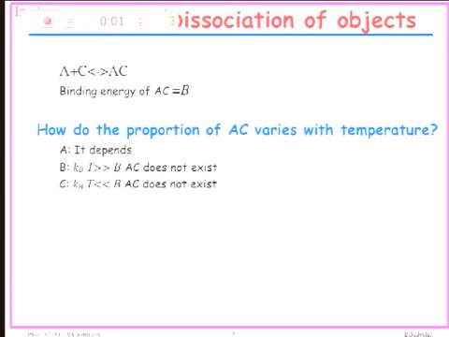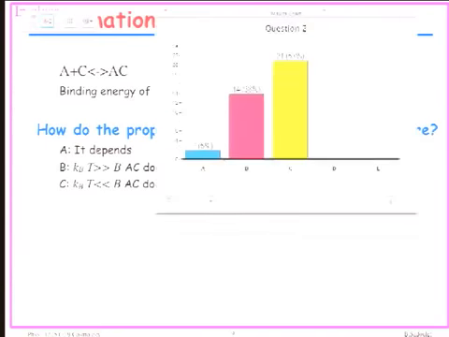We don't have the time to go into discussion, but the answer was B. It's very simple that you can think about AC. I should have said the binding energy is positive. This was implicit, but I'm sorry, I should have said that.